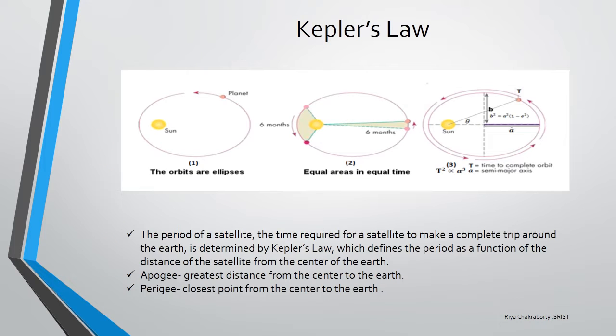Before starting satellite communication, we must know about cellular telephony. Cellular telephony is designed to provide communications between two moving units called mobile stations, or between one mobile unit and one stationary unit, often called a land unit.